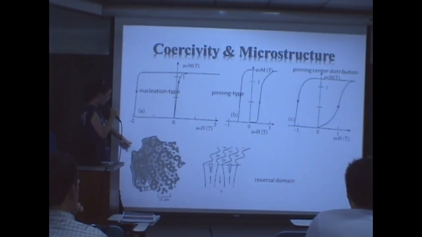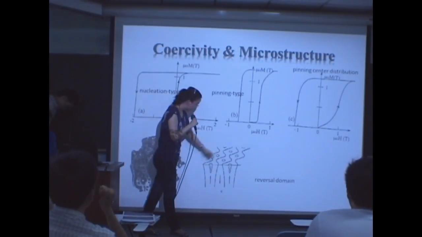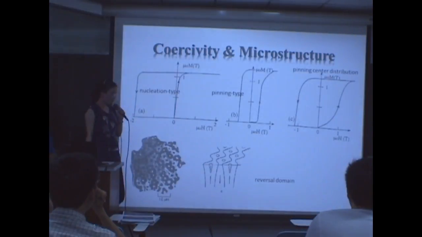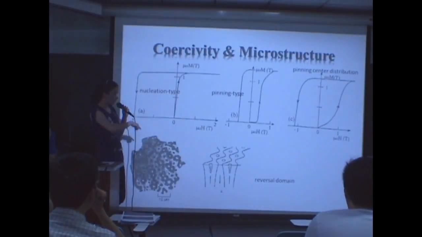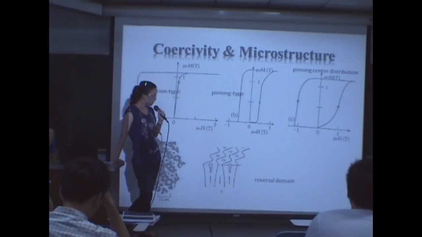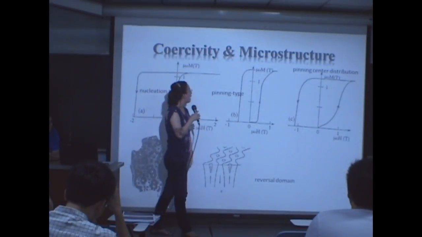So we can see the microstructure here. The circle represents the defect, and it is also a nucleation site. And we can see the bending shape just like a river, and it means the reversal domain size speeds up and slows down here.